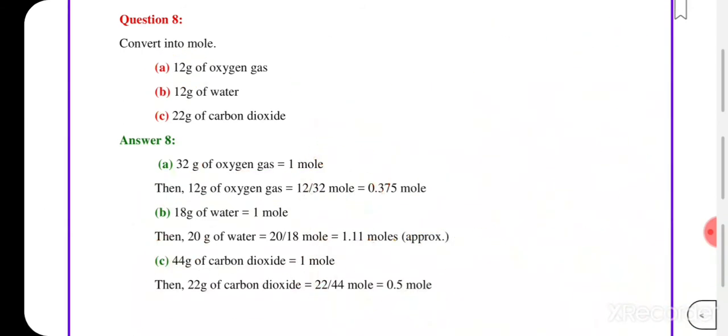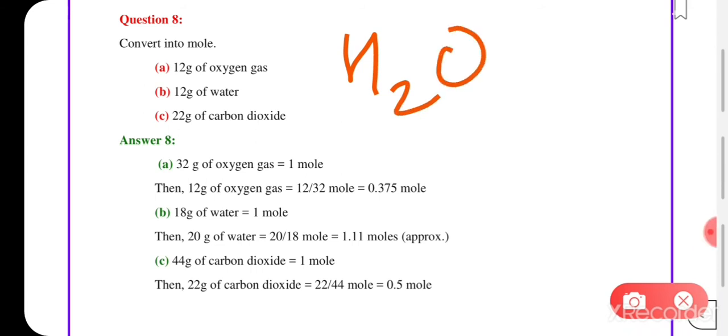Now in the next one it is 12 gram of water. What will you do in 12 grams of water? So water, if you take H2O, when we are writing oxygen mass, there is only one atom of oxygen. See here, there are not two. Nothing is written, means it is one, right? So one atom of oxygen weighs how much? 16 gram. And for hydrogen there are two, so we will add 2, right?